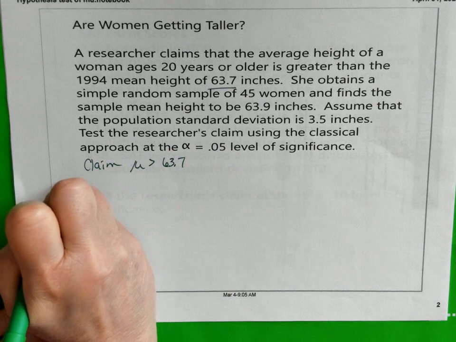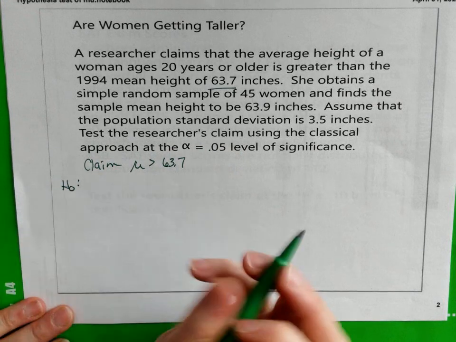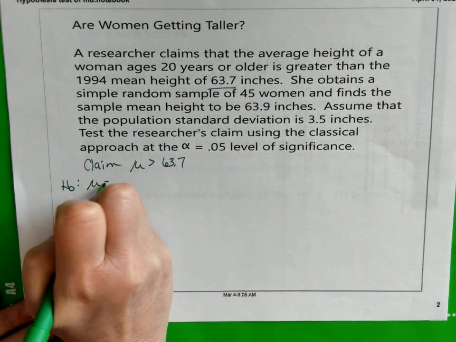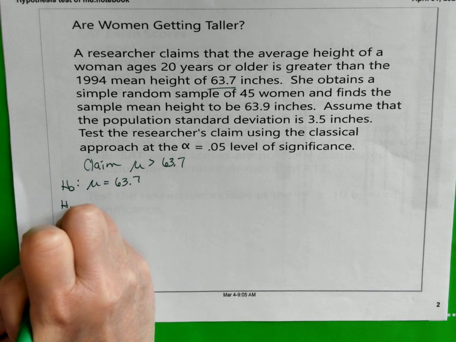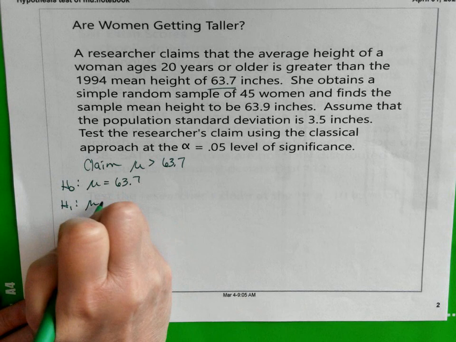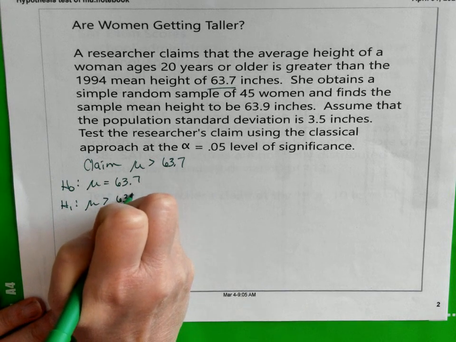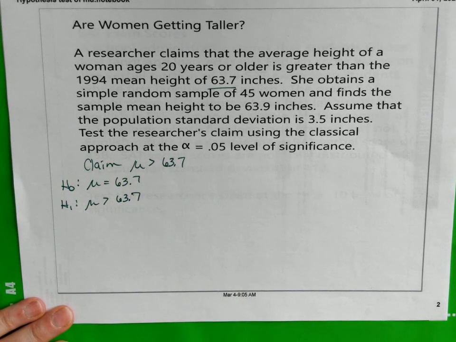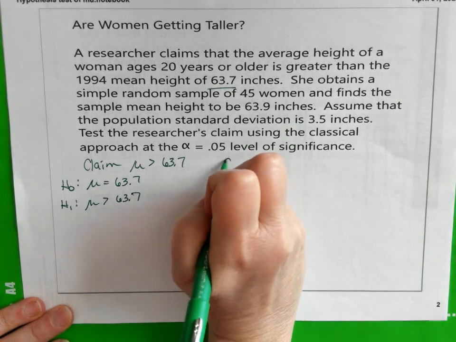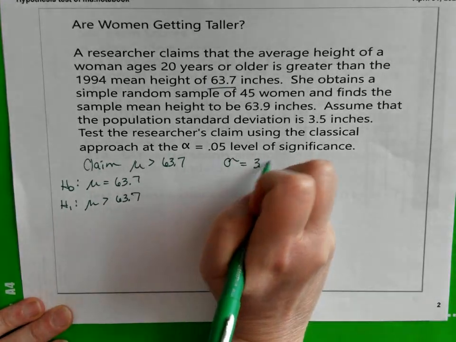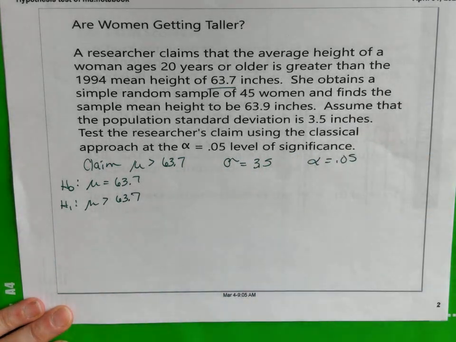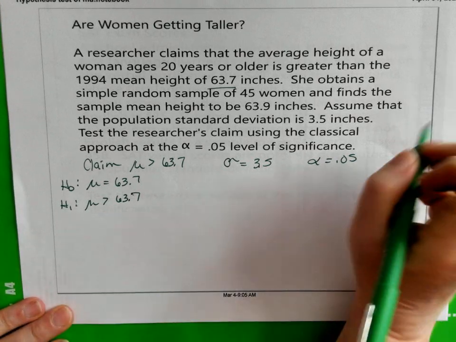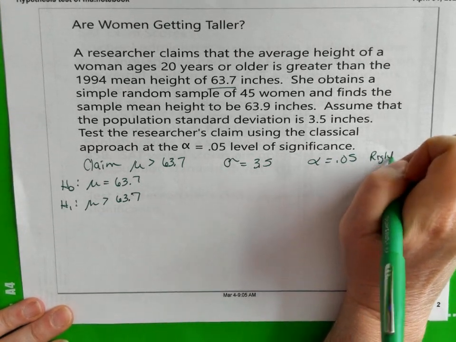And we know now that H sub 0 has to have equal in it, so mu equals 63.7. So H sub 1 must be mu greater than 63.7. Good start. All right. We know our standard deviation, I'm pulling numbers out, is 3.5. We know alpha is 0.05, and because it points to the right, this is right-tailed.